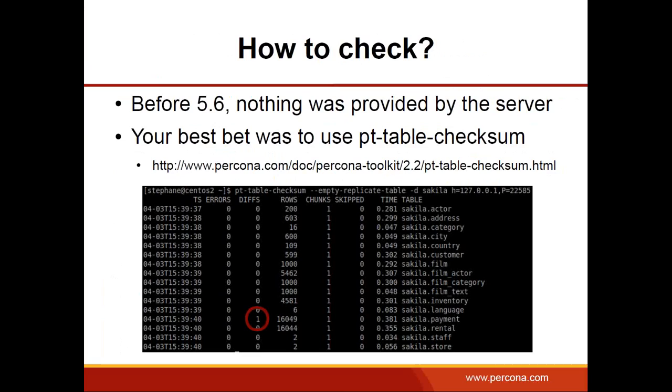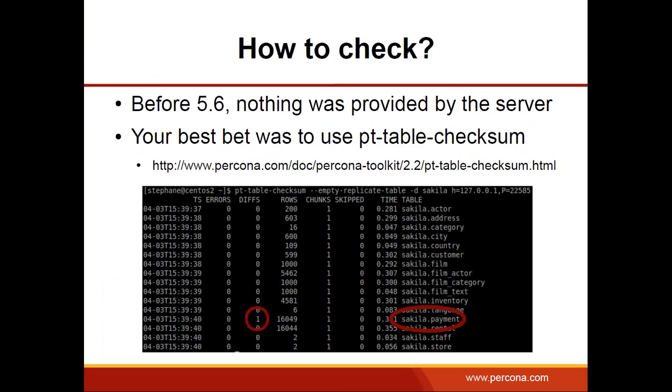Then you have the output, and what we can see is that we have a difference. In the diffs column we have 1, which means that we have a difference, and this is in the Sakila.payment table. So this tool can help you identify where master and slave have different data. This is the first step, because of course here you know that in this table you have problems, but you don't know where exactly.